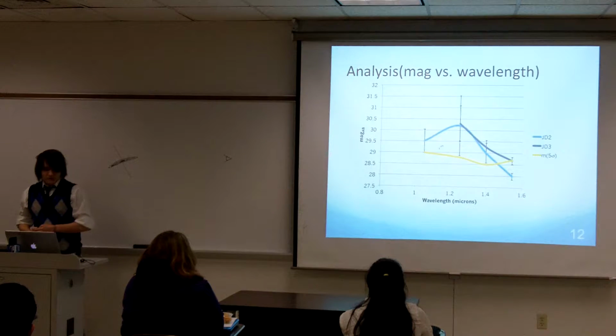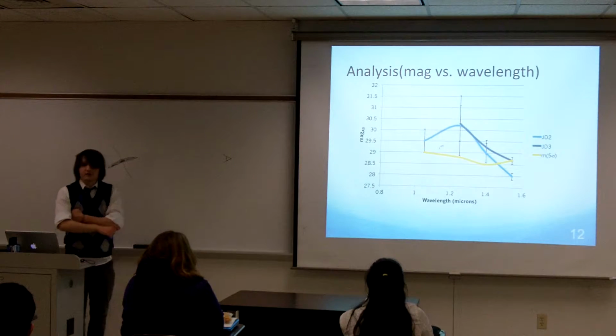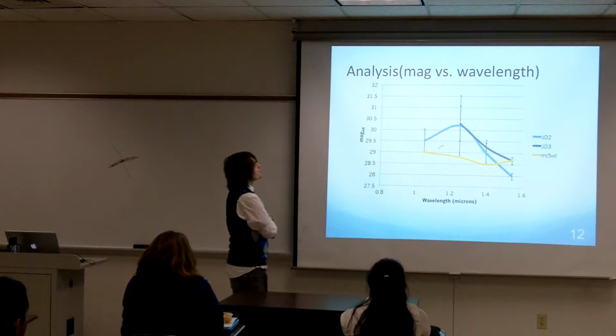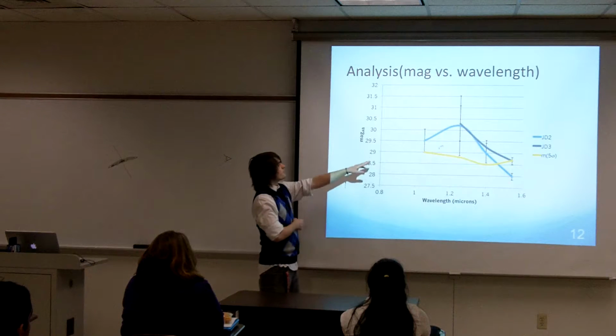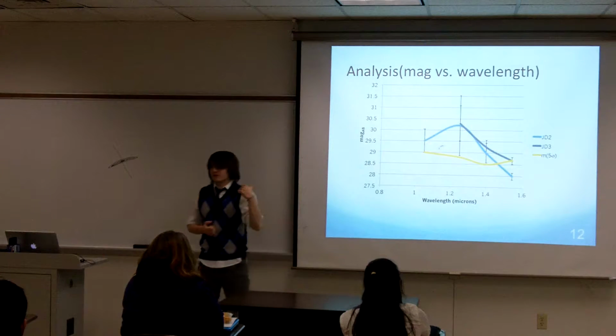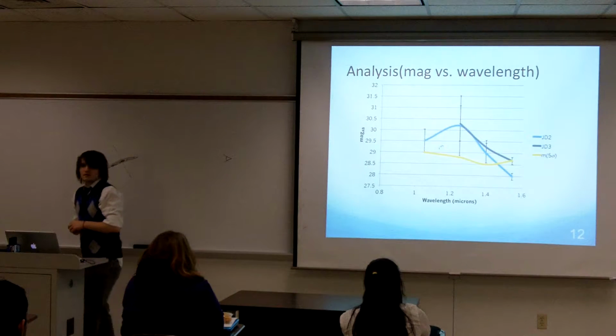And as you can tell, there was really only one filter I could use because all the other ones were far too dim for the limitations that the filters had.